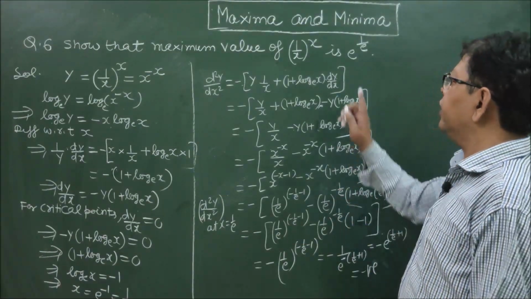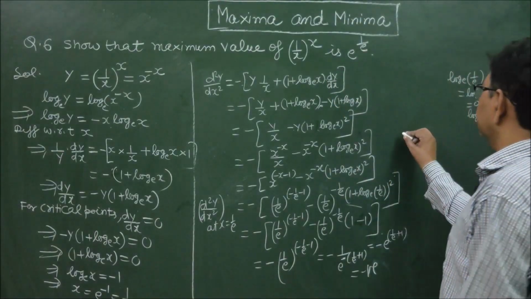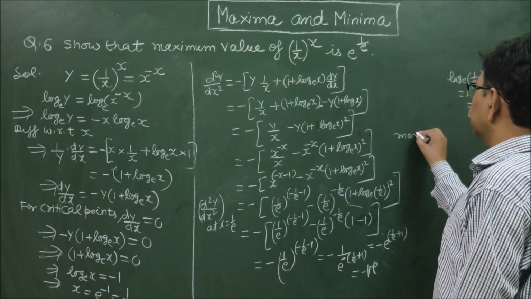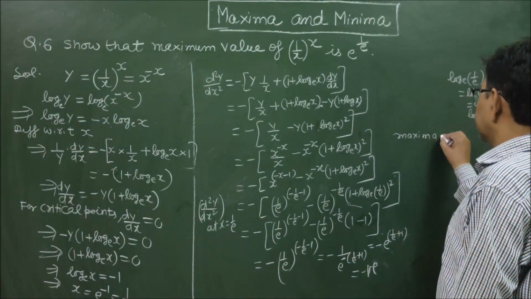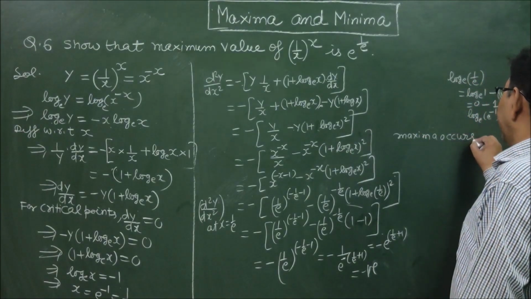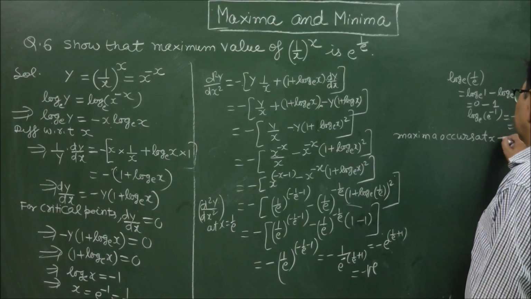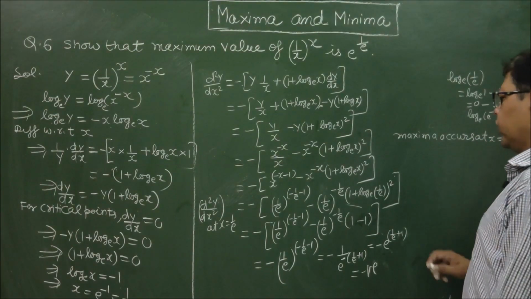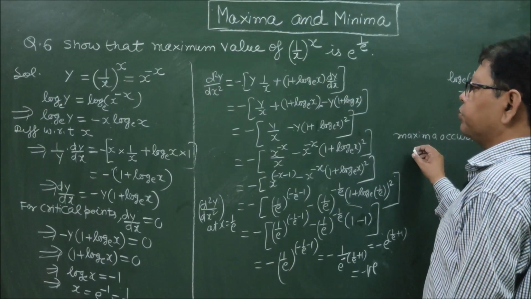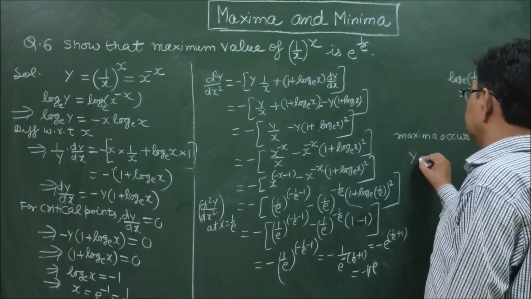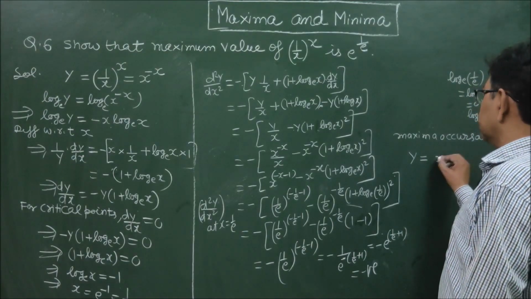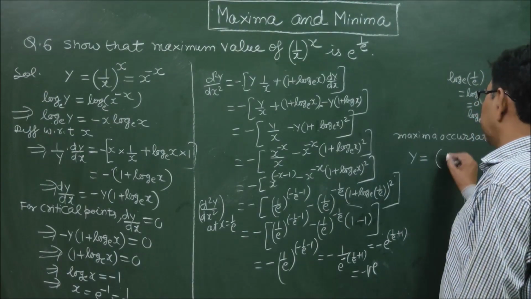Now we want to find the maximum value. So we can say maxima occurs at x is equal to 1 upon e, and the maximum value can be obtained by putting x is equal to 1 upon e in the function. So y is equal to (1 upon x) raised to the power x.